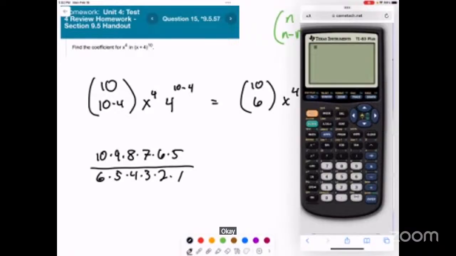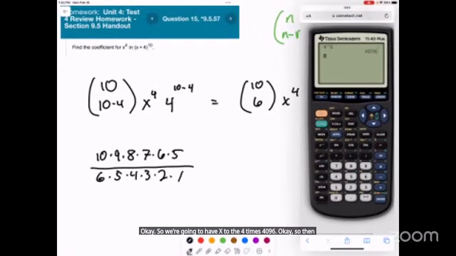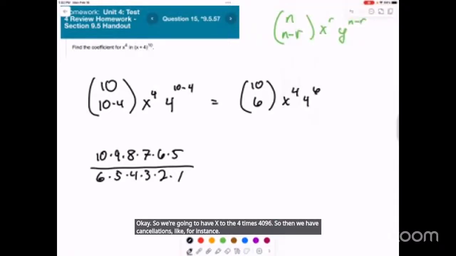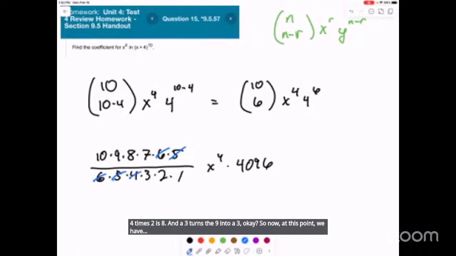So we're going to have x to the 4 times 4096. Then we have cancellations. For instance, this 6 cancels this, the 5s cancel, 4 times 2 is 8, and the 3 turns the 9 into a 3. So now we have 10 times 3 times 7 times 4096, x to the power 4.